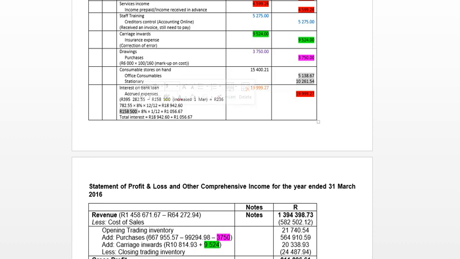Then we increased this loan by 158,500 Rand on the 1st of March 2016. So for 1 out of 12 months, this value accumulated interest at 8%. So the total interest expense for that 1 month is 1,056.67. So our total interest expense is then 19,999.27.